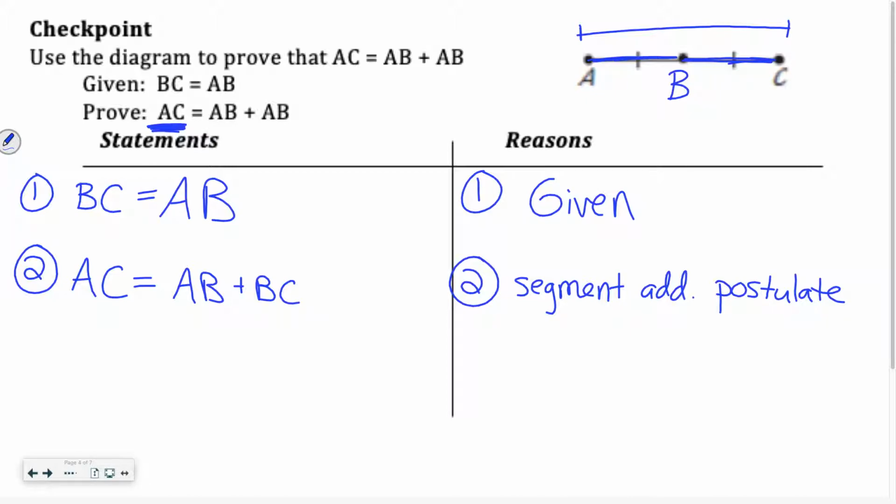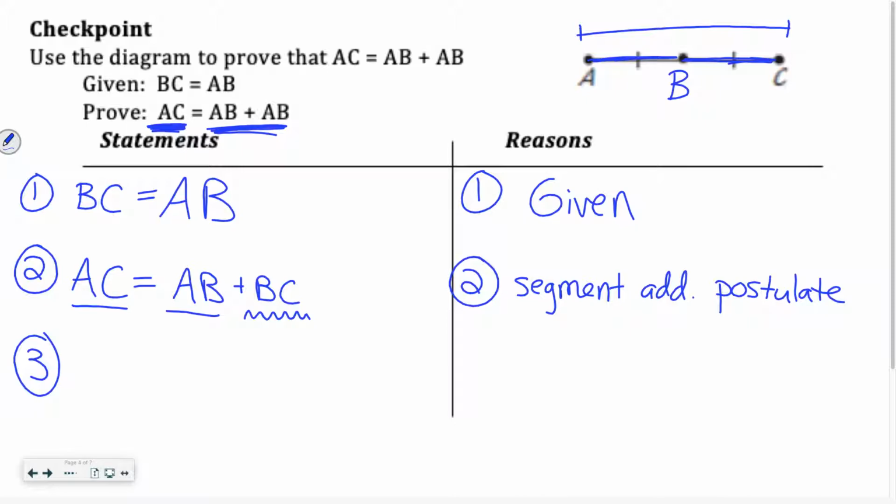Now, step 1, we said BC equals AB. What are we trying to prove at the end? We're trying to show that AC equals AB plus AB. If you look at your second statement, this is pretty close. This is the only part that we got to change.